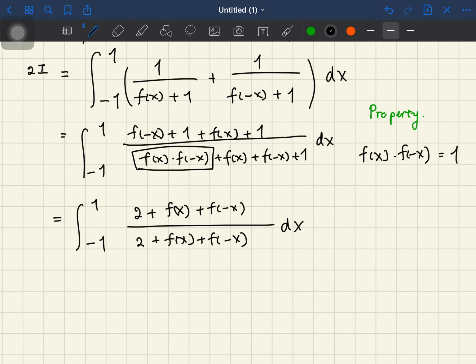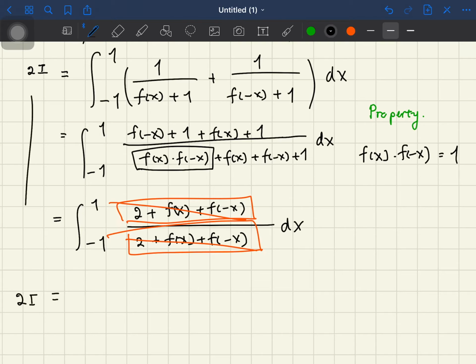Surprisingly, we have the same thing on the denominator and on the numerator, and we can just cancel them out. So we have 2I equals the integral from -1 to 1 of 1 dx.